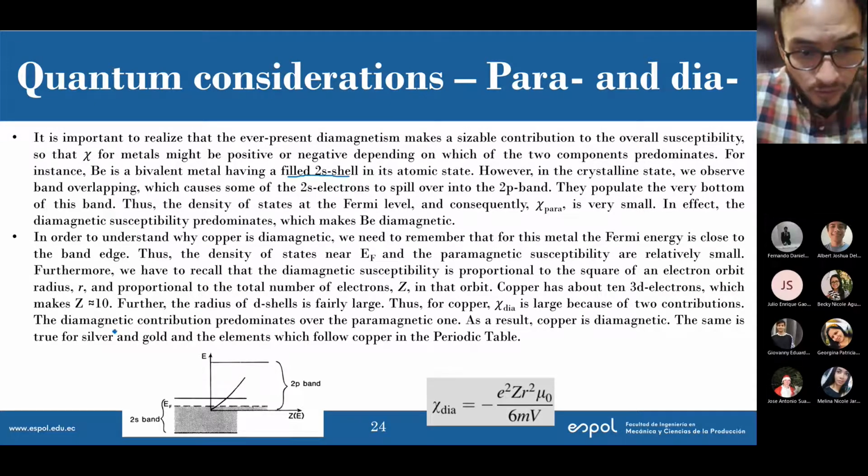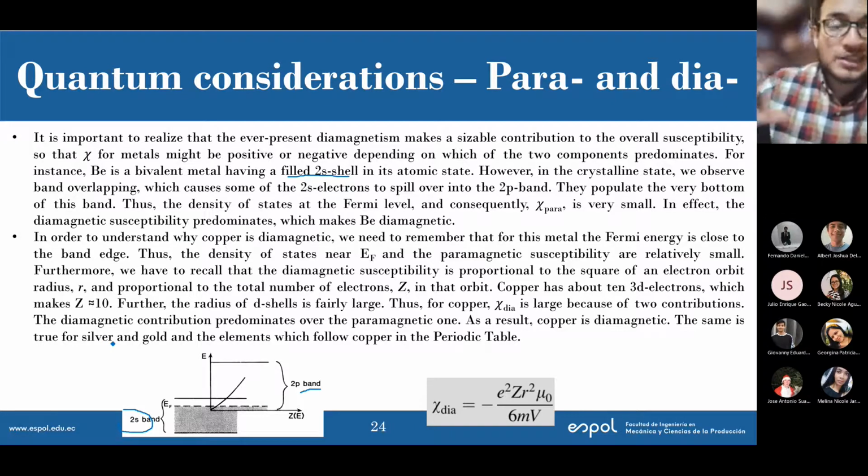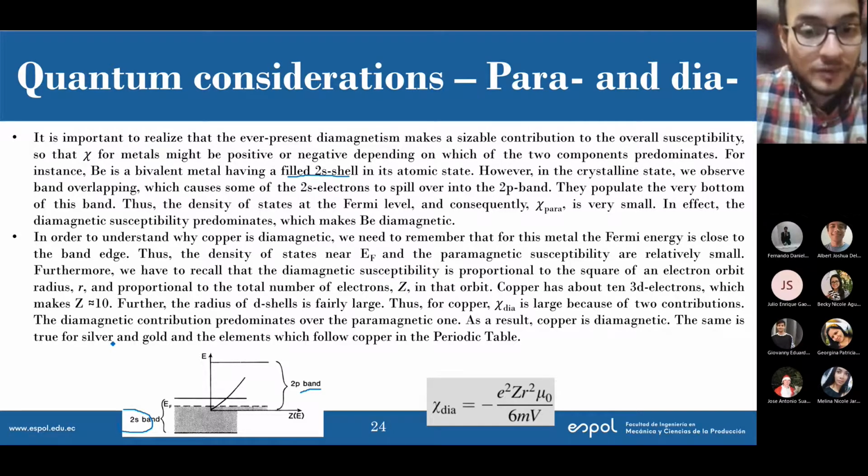There is an overlap between the 2s band and the 2p band. What does that mean? Some of the electrons in the 2s band will spill over into the 2p band. They will populate the top of the 2s band, which is equivalent to populating the bottom of the 2p band. That's why you see this part filled by electrons.